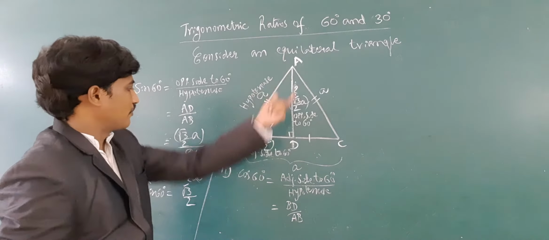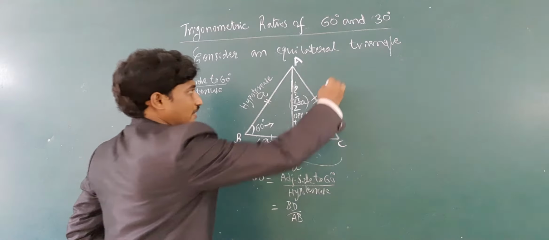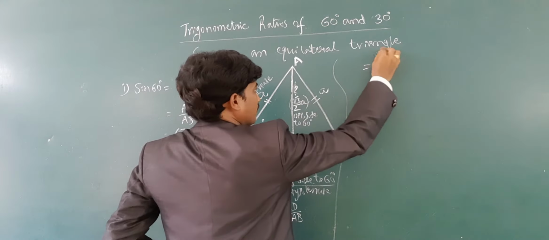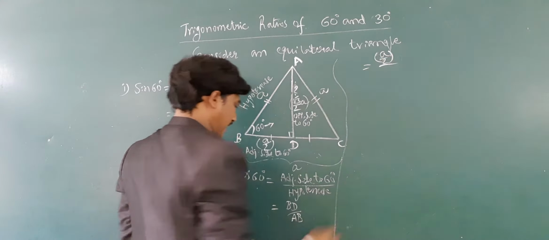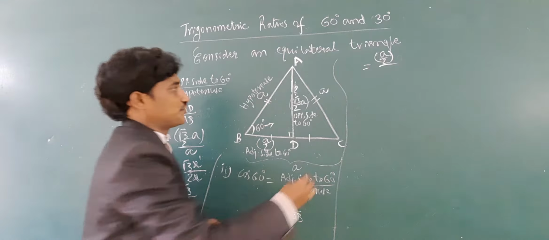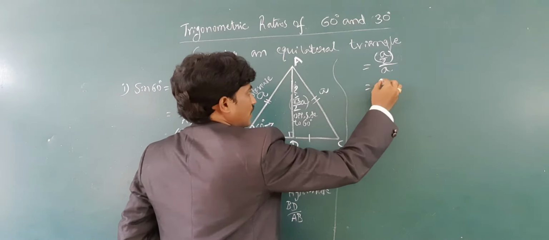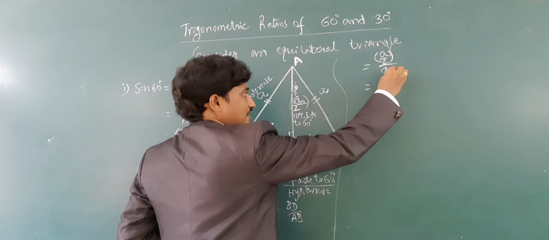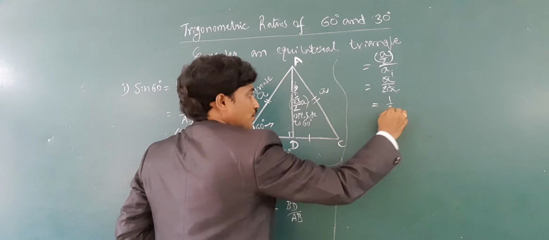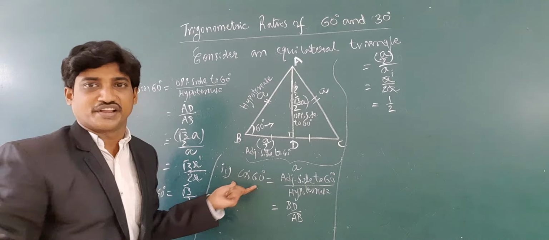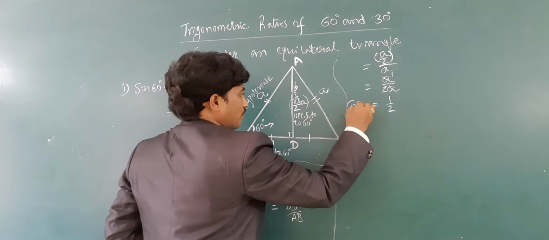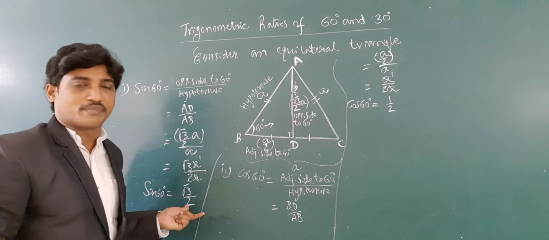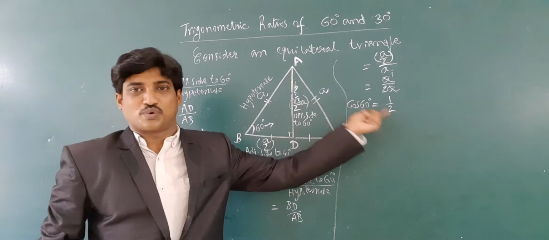BD length we have A by 2, by AB length A units. So A by 2 into A, 2A. A gets cancelled one time, so 1 by 2. So cos 60 degrees is 1 by 2. Sin 60 degrees is root 3 by 2. Cos 60 degrees is 1 by 2.